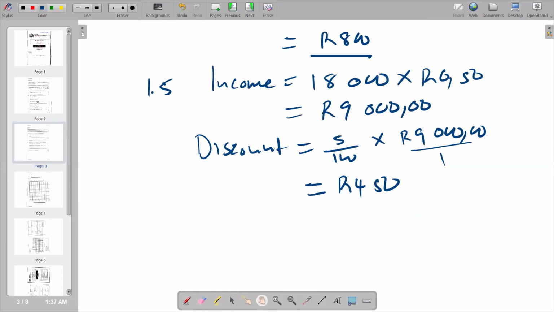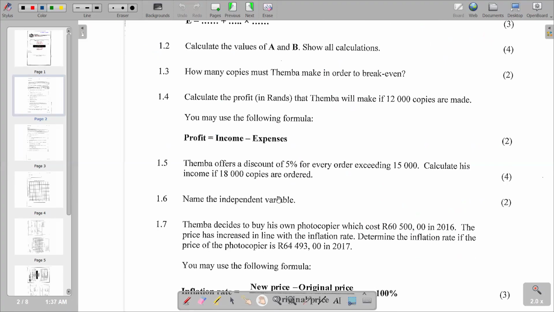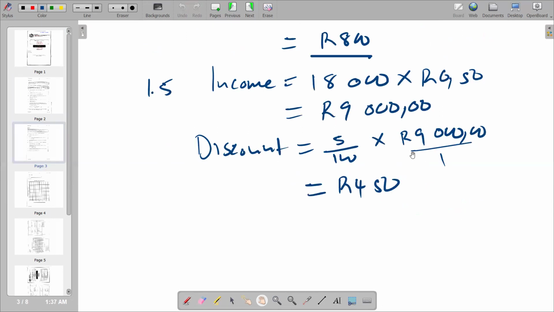So our question needs us to calculate the income after the 5% discount has been subtracted. So we subtract now the 450 from 9,000. So we say 9,000 minus 450 rands.